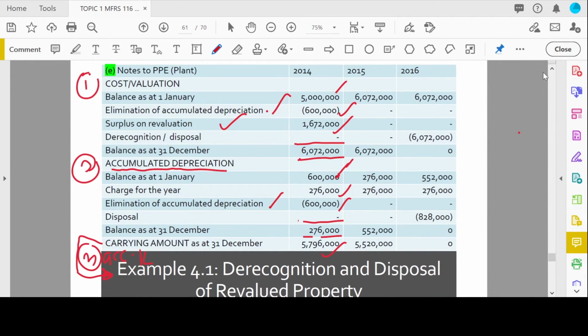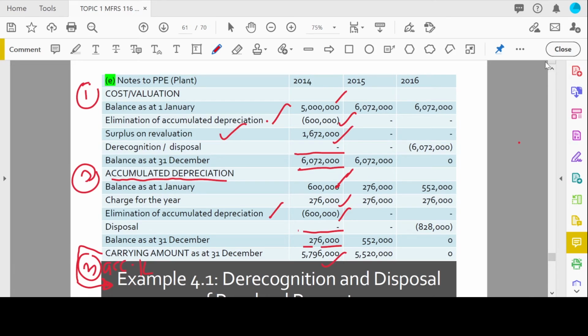Okay, so when you prepare for the following year, this balance at the end of the year, this balance CD, will become balance BD, for both cost and also the accumulated depreciation.